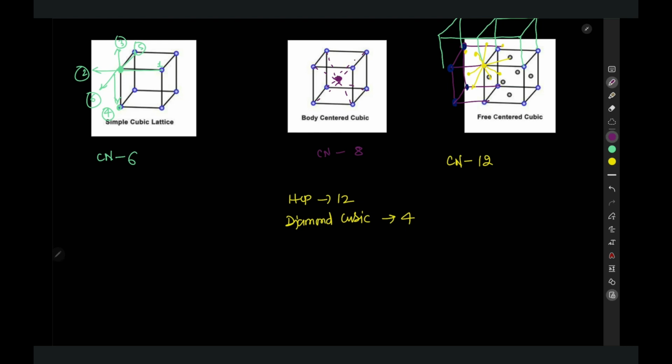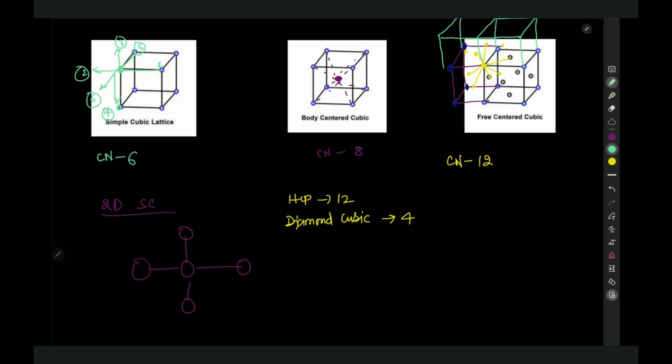Now after looking at the coordination number, we have to understand what are broken bonds or dangling bonds. So suppose that in a 2D simple cubic crystal structure, the bonds are connected like this, 4 bonds. Atoms are present at all these centers.